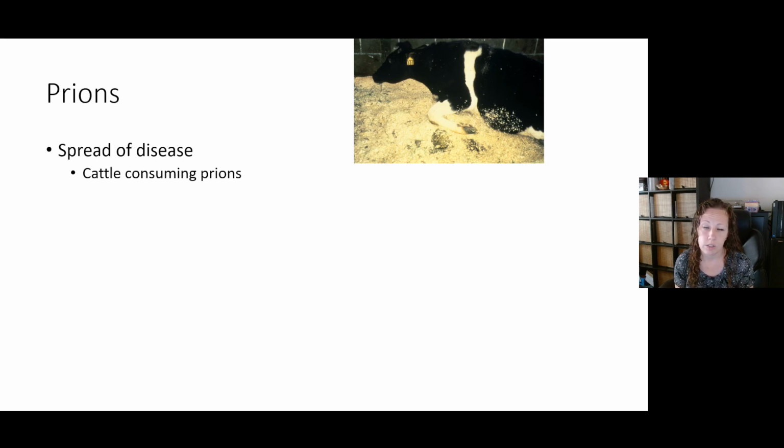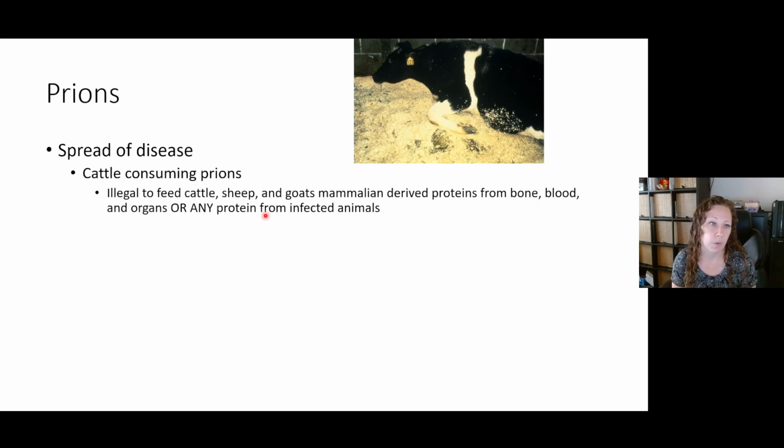The other 6 cases are an atypical form, which is the spontaneous form that older cattle may just happen to get, and it's not considered to be contagious. Still, the current measures to prevent this from happening in the U.S.: it's illegal to feed cattle, sheep, and goats mammalian proteins that are derived from bone, blood, and organs, or any protein from an animal that has been infected.